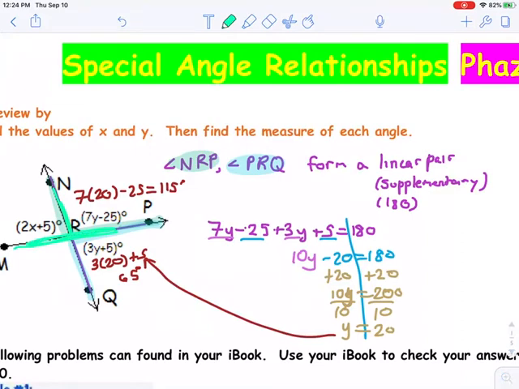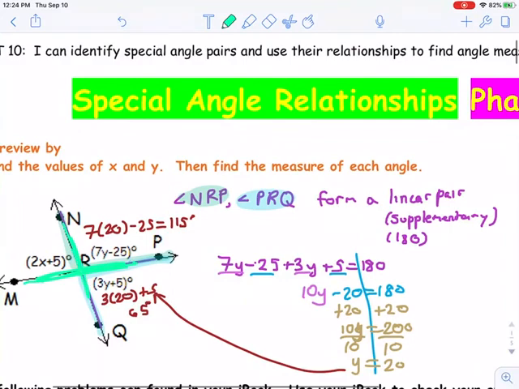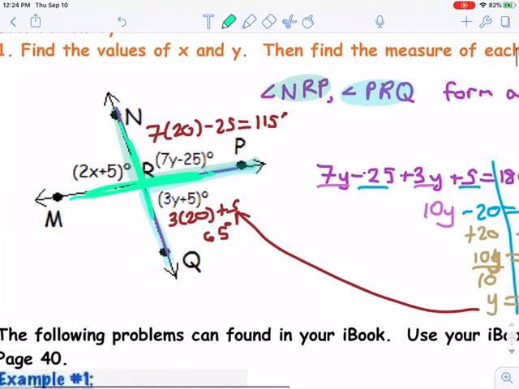However, we also have vertical angles right here. Angle NRP is congruent to angle PRQ.